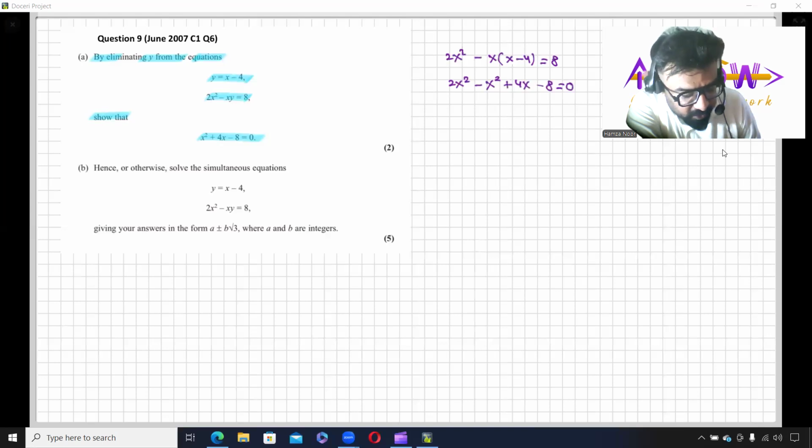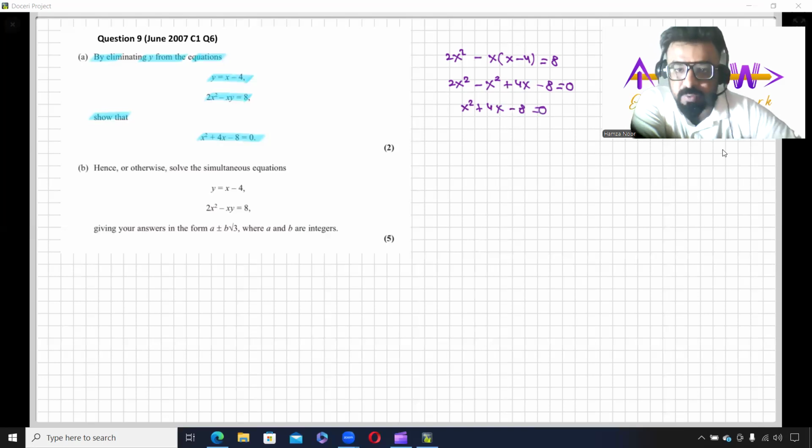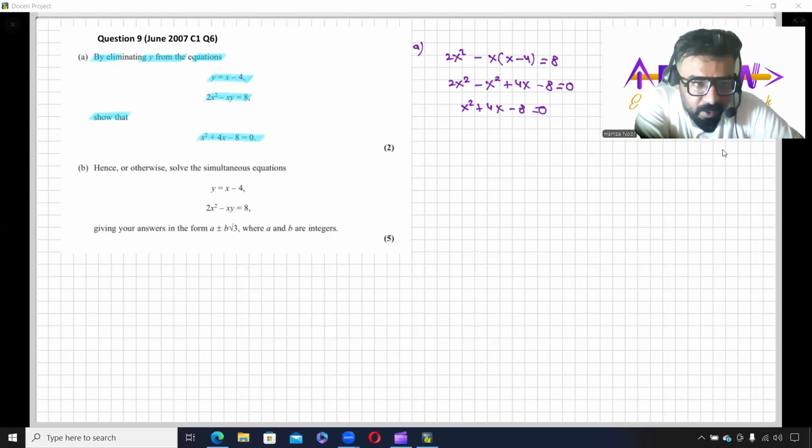Therefore, x squared plus 4x minus 8 is equal to 0. As per the requirement of part A, we have shown that we have produced a quadratic equation in the form of ax squared plus bx plus c is equal to 0.